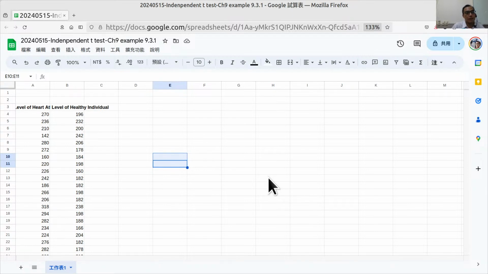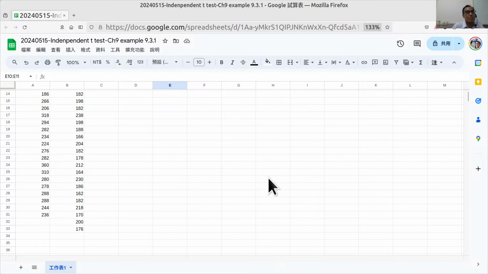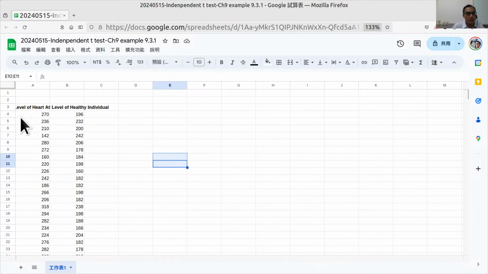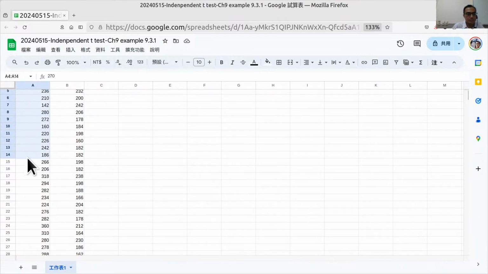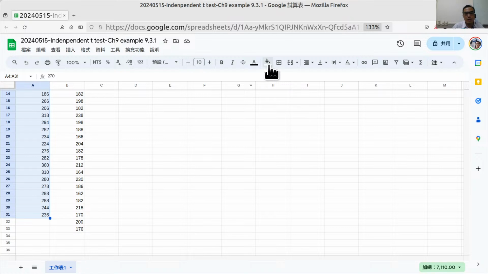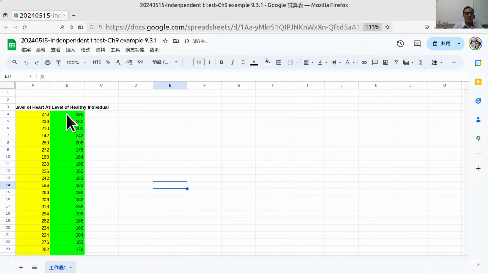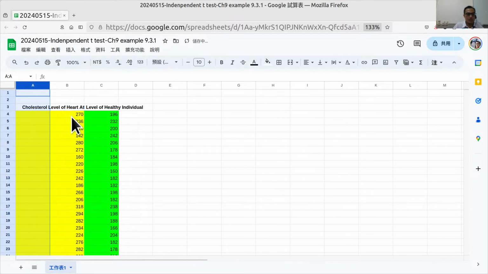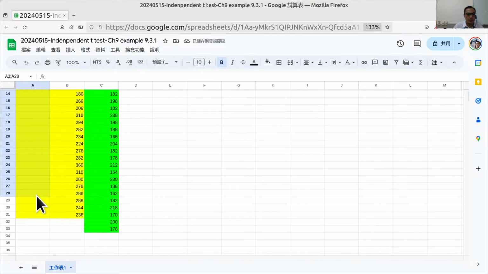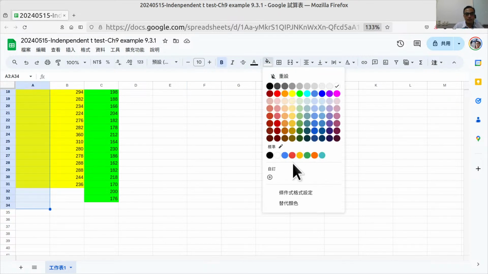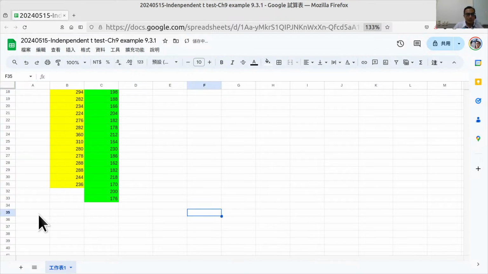The first one, you do the calculation by yourself. For example, I use the yellow background, and here I use the green background. Okay, and now here I try to calculate the mean.